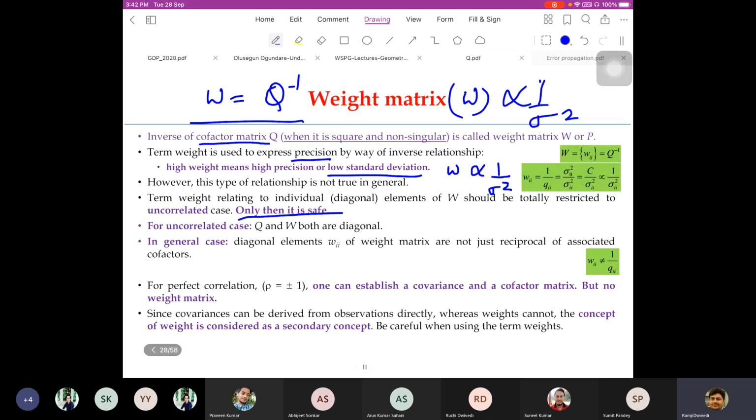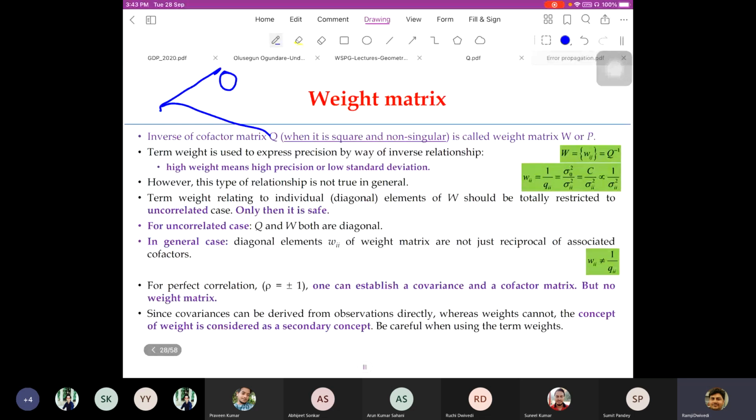If they are correlated, you have to assign weight individually by your own experience. So what is the summary of this? You will assign weight by 2 mechanisms. First, either you have uncorrelated measurements and then you can go ahead with the inverse of the cofactor matrix, or it is based on user experience.